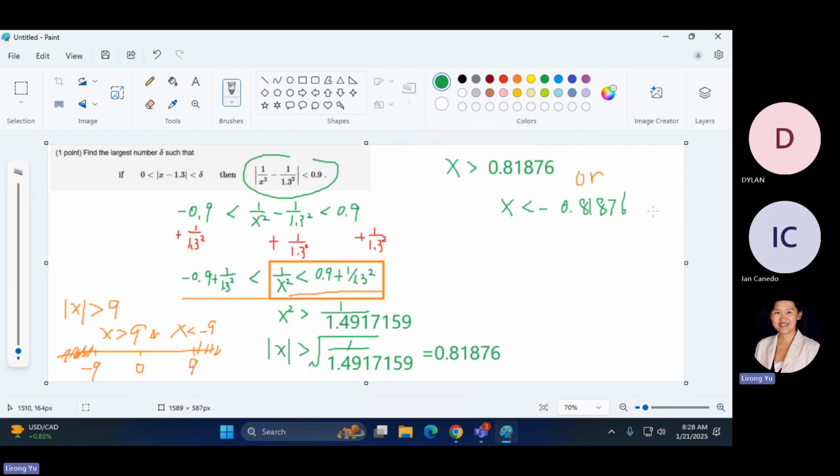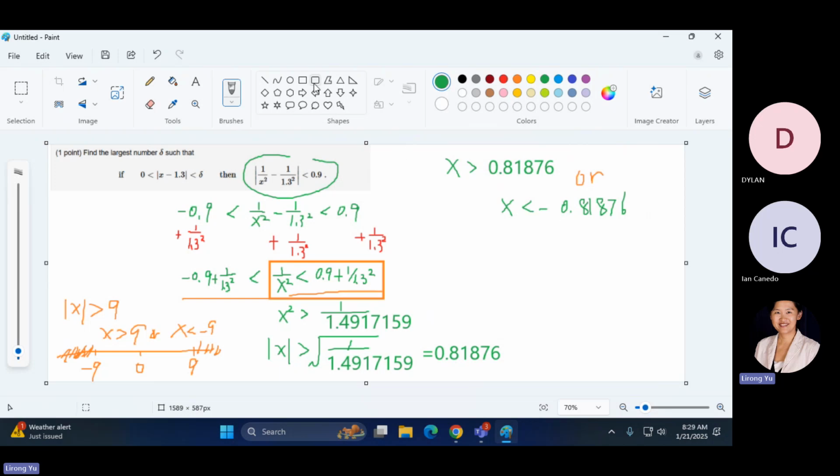Okay, so why do we do this? Because we want to get x minus 1.3. If you want to get x minus 1.3, you have to have a clean x. There's no square, no absolute value, no 1 over. You're going to get x bounded by something. So x is bigger than this or x is less than this. That's a pure boundary for x. Then we're going to subtract 1.3.